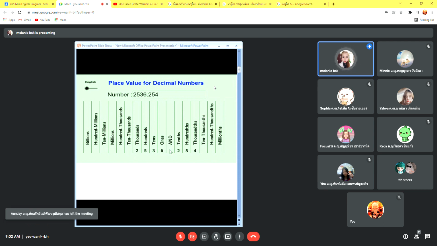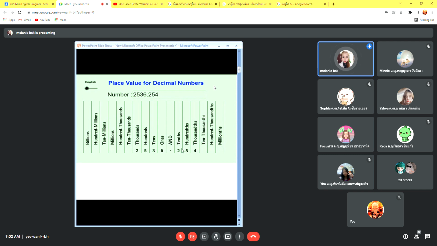We're not going to say this one as another format. We're going to say "and", and the first digit would be the tenths, second digit hundredths, thousandths, ten-thousandths, hundred-thousandths, millionths.